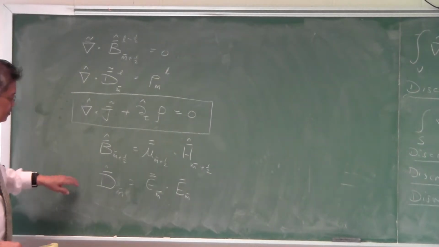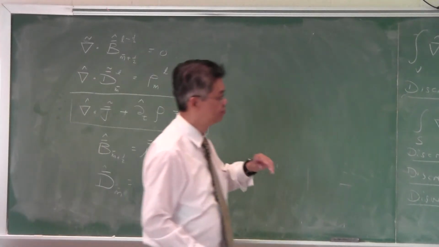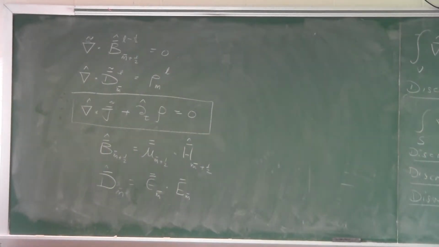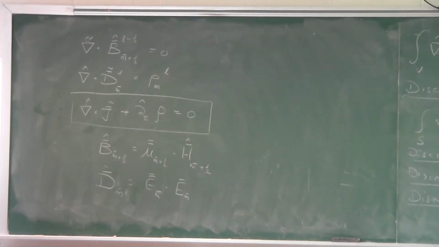And then after you have this relationship, you can plug into these four Maxwell's equations and do time marching. You can put future quantities on the left-hand side, past quantities on the right-hand side, and do time marching.